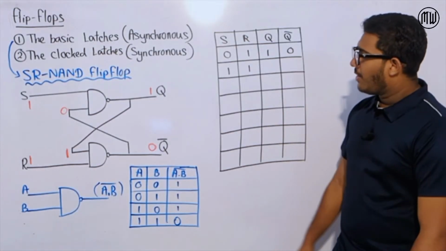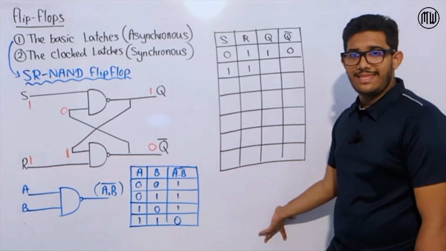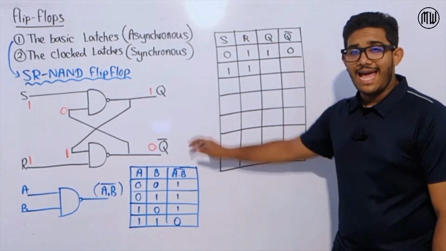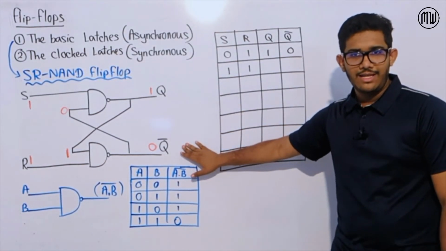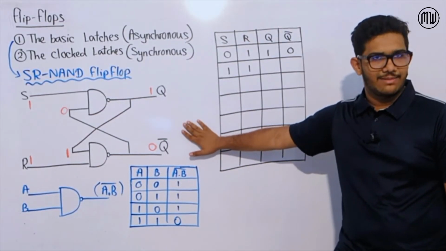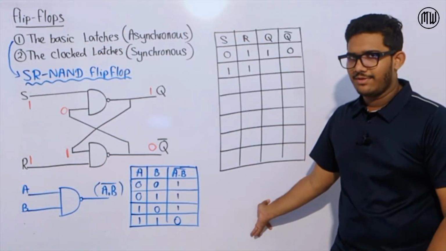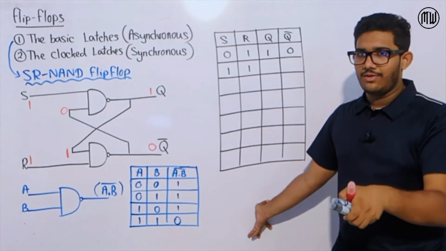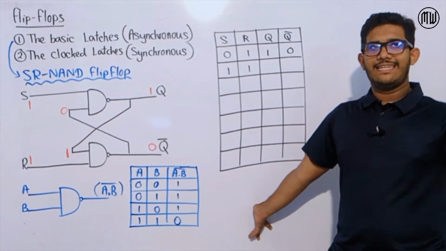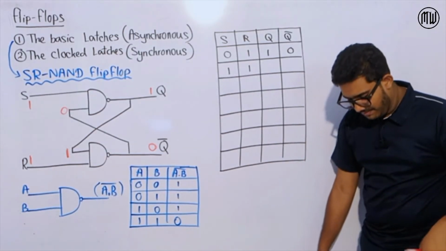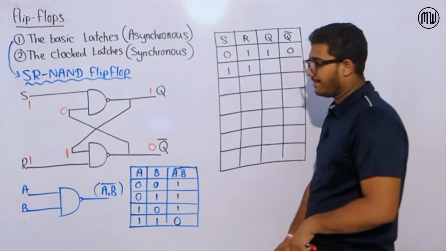Now in this scenario, when the new inputs are given, we already had the past outputs. So it's a bit easier this time. We're going to start with S. As I said, it's always set, reset. We can't reset anything unless we set it first. So we always move to the set first.